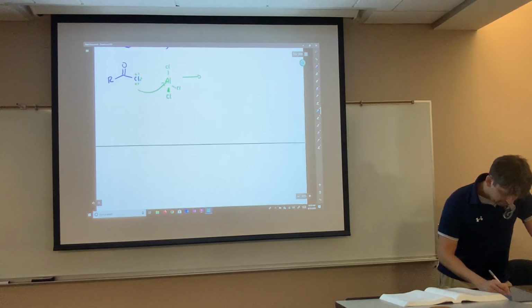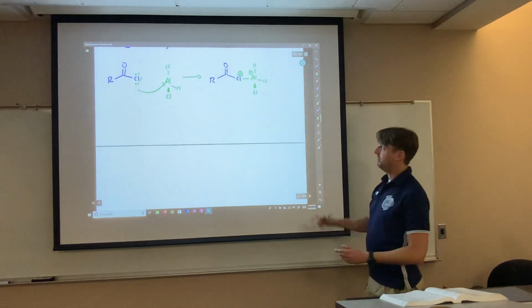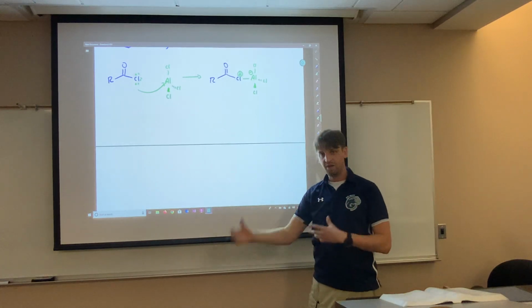Let's get that going. So far, nothing different. The chlorine attaches to the aluminum. I could stop here and talk about the same thing about charges and bond strength, right?